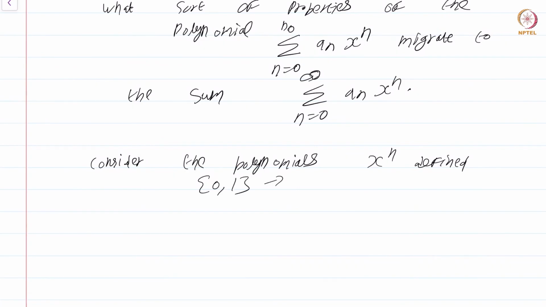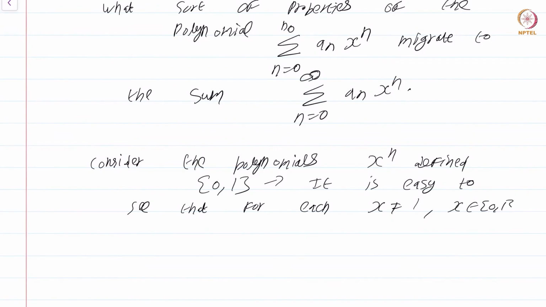Now it is easy to see that for each x not equal to 1, x in the closed interval 0, 1, we have limit n going to infinity x power n is equal to 0.